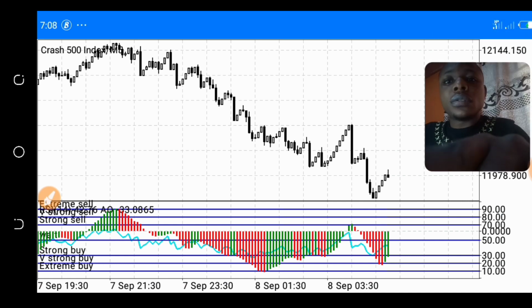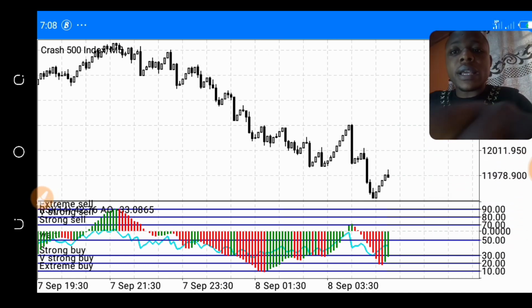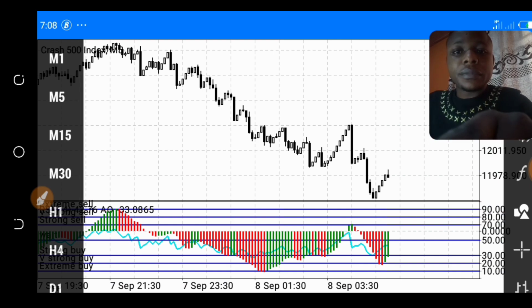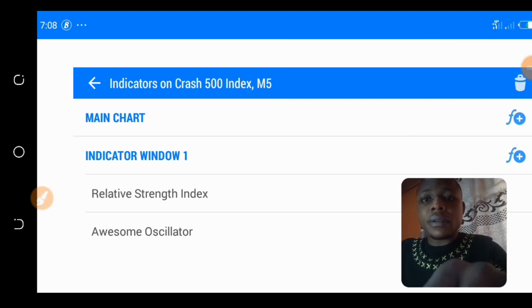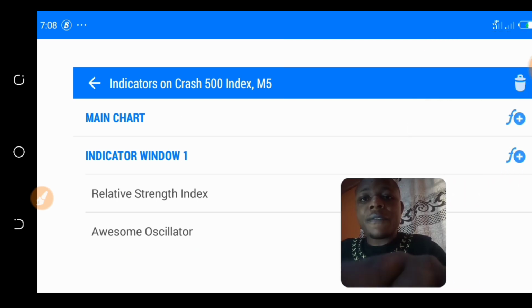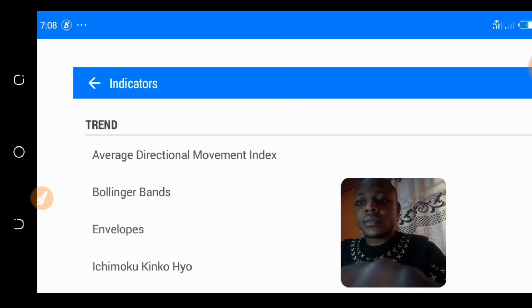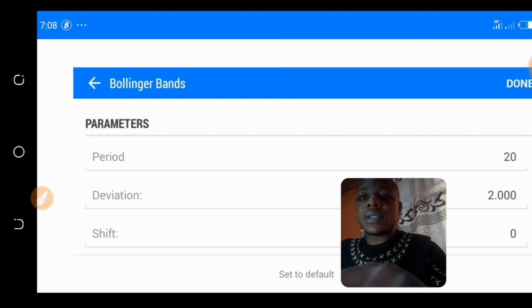So let's go. Click on that F sign again. Right now you'll be clicking on the F plus in front of main charts. Let's add the Bollinger Bands first.